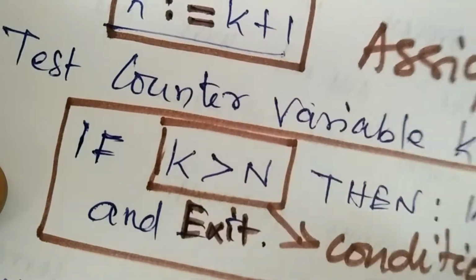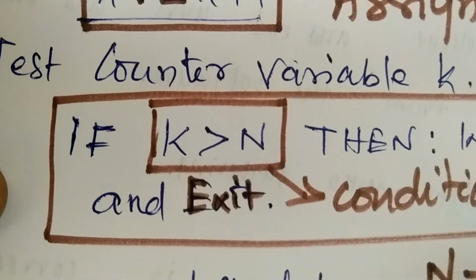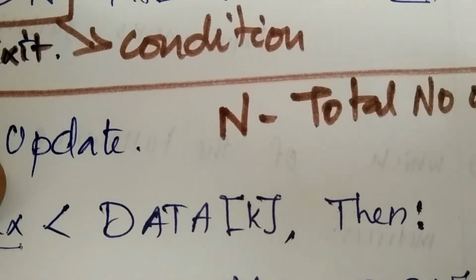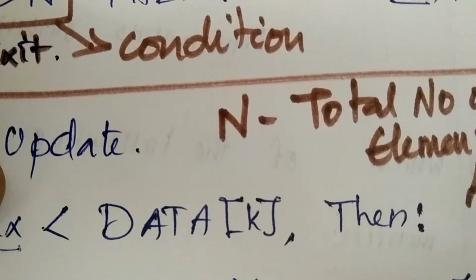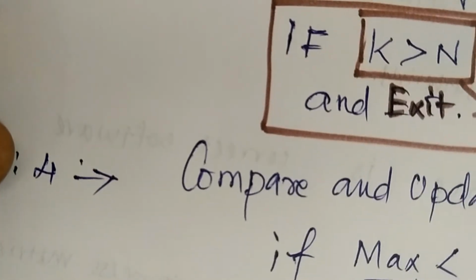There are n number of elements. So here n denotes the total number of elements in an array. We are using step number 4.